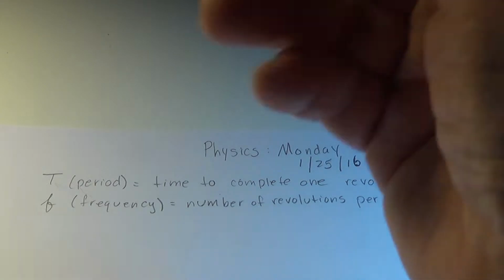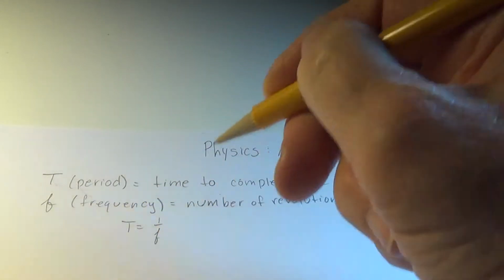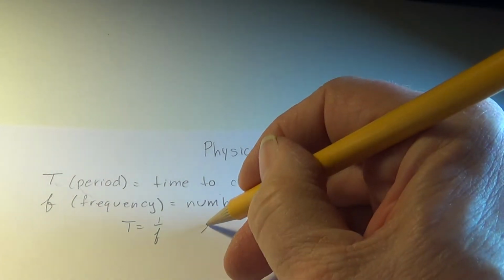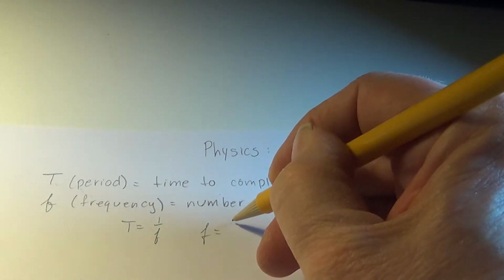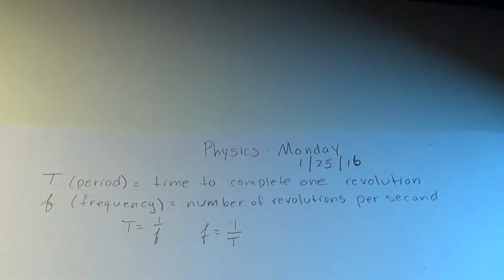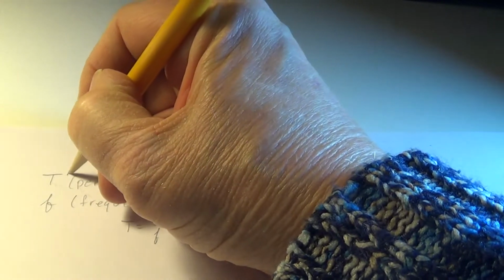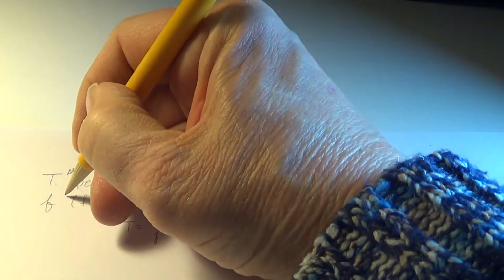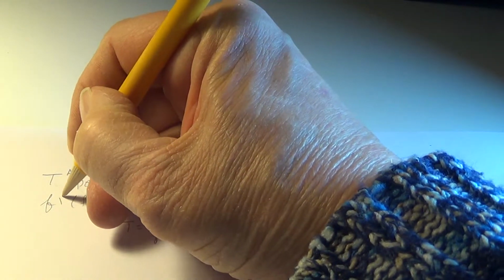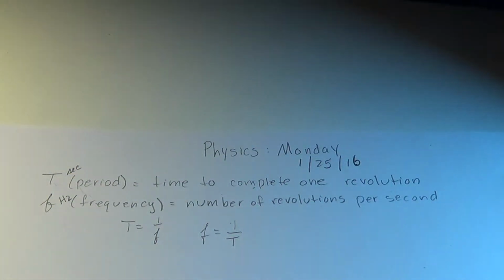So it turned out that period is the reciprocal of frequency, and frequency is the reciprocal of period. The unit for period is seconds, and the unit for frequency is 1/seconds, which we baptized Hertz, Hz. That was what we ended with last time.